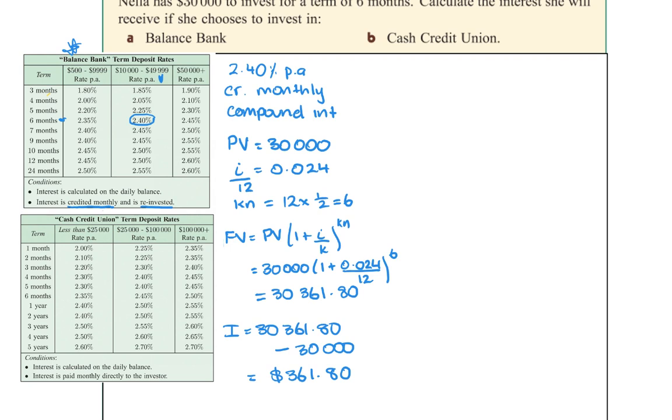Okay, let's do the cash credit union, and the major difference here is down the bottom where it says interest is paid monthly direct to the investor. So that means we're talking about simple interest.